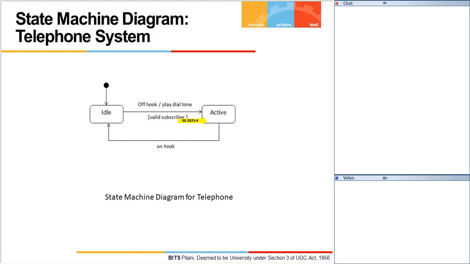So this is the kind of depiction that a state machine diagram has. Let's move ahead and see the various notations used in the state machine diagram, and then we'll see the state machine diagram in elaboration for the telephone system and for one more example.